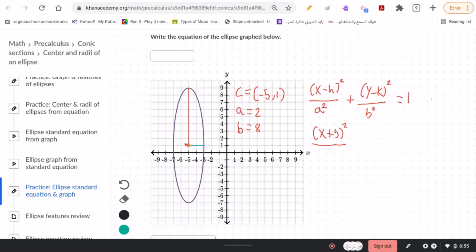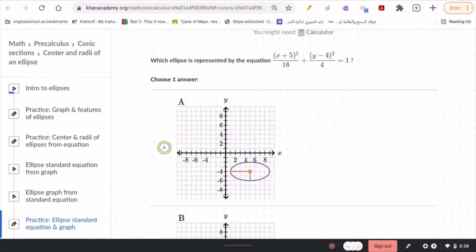Now we need to find a squared, which is 2 multiplied by 2, which is 4, and then we write y, we swap the sign of 1, so it will be -1 squared over b squared, which is 8 multiplied by 8, which is 64, equals 1. And here we have our answer.